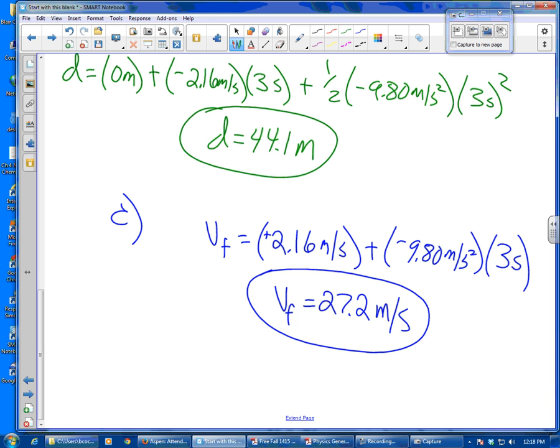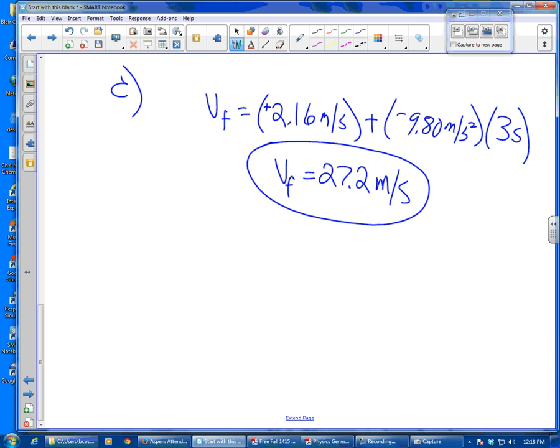Just reading what they said, what's the speed? Speed, I know, is the magnitude of the velocity. That's how big the velocity is. So when I did my math here, I actually got negative 27.2 meters per second. I knew that negative just meant direction. So the velocity is negative 27.2 meters per second.